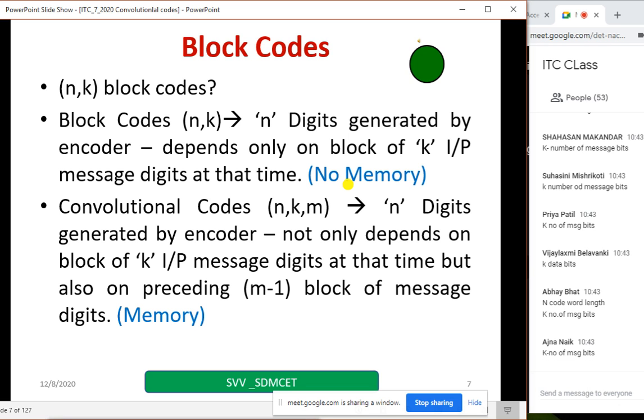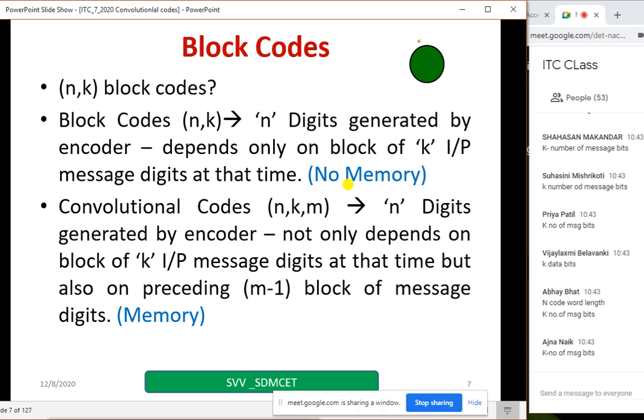Block codes, output depends on present input, and convolutional codes, output depends on present input but also previous inputs. These are the two lines you are supposed to remember for block codes and convolutional codes.